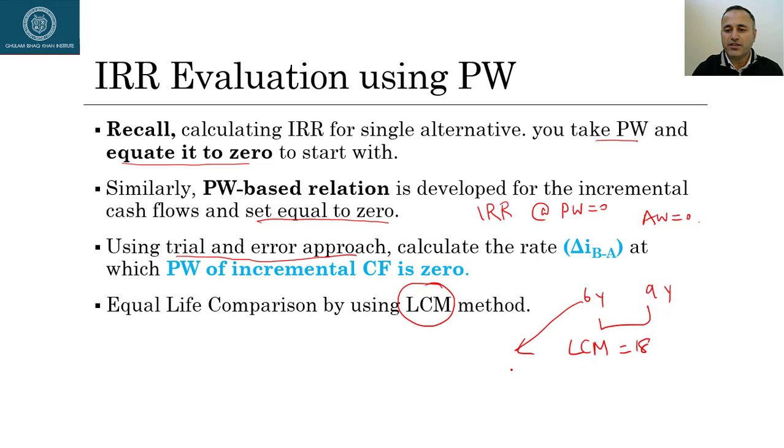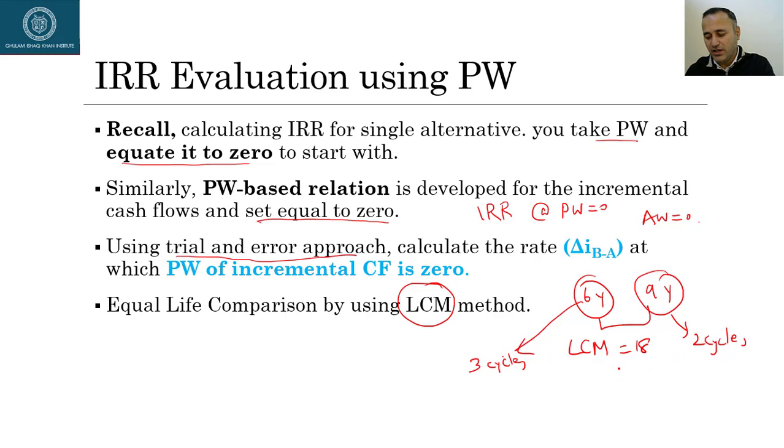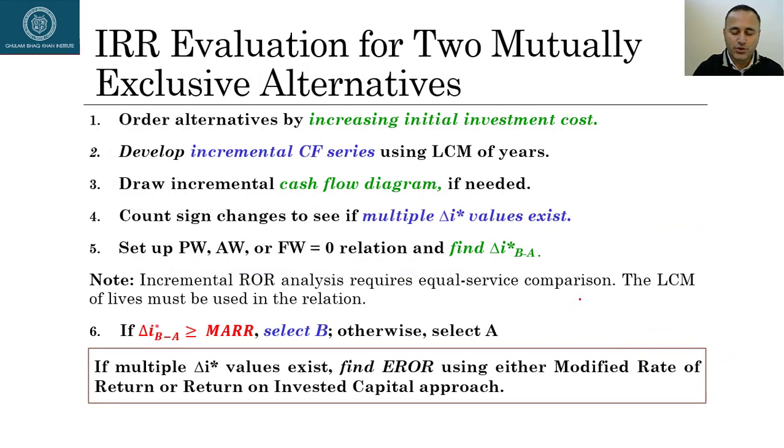So we in fact consider 3 cycles of this project and then 2 cycles of this project. We covered this technique in previous chapters. It's a very, very easy technique to implement. So nothing too special about that.